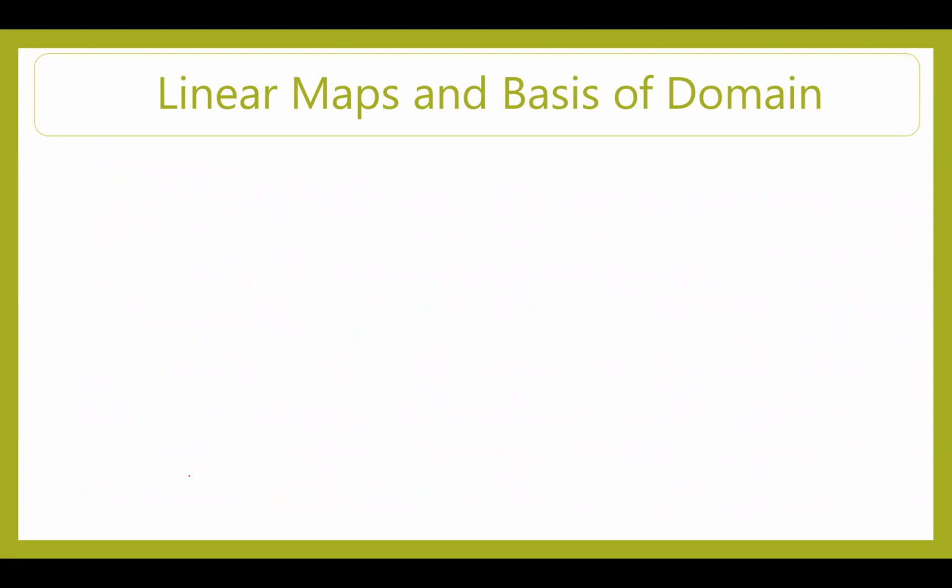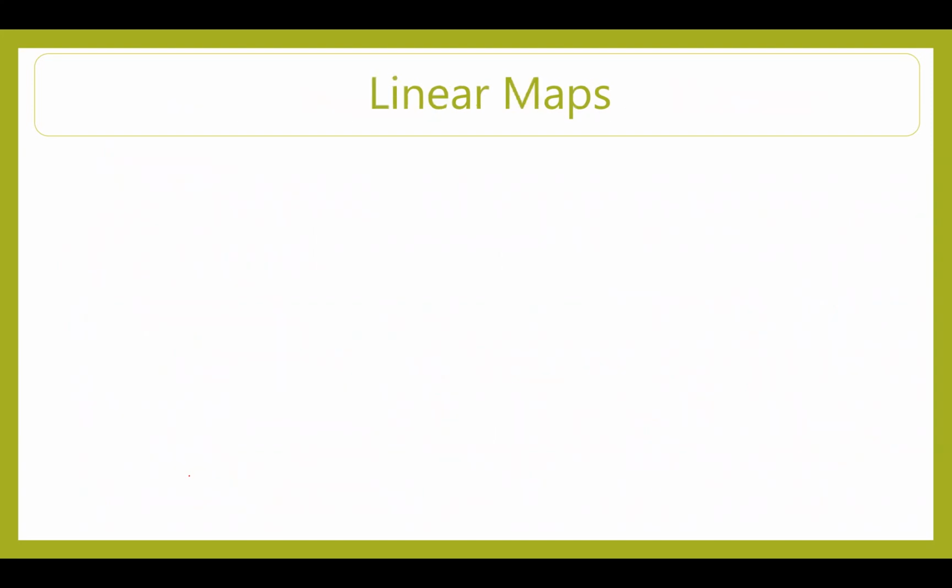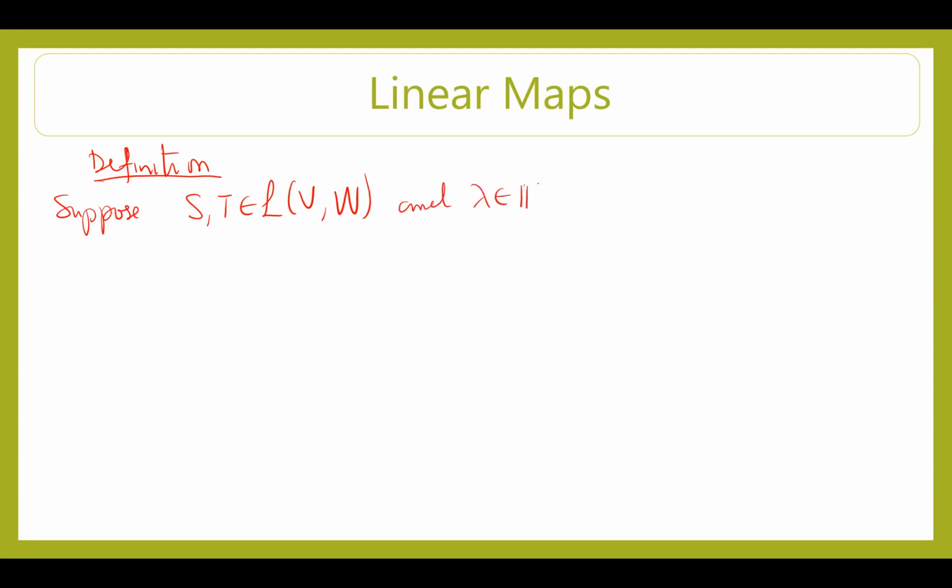All right, so let's define some notions, okay? Definitions now. Suppose I have two linear maps, T and S, from V to W, and I have a scalar lambda.